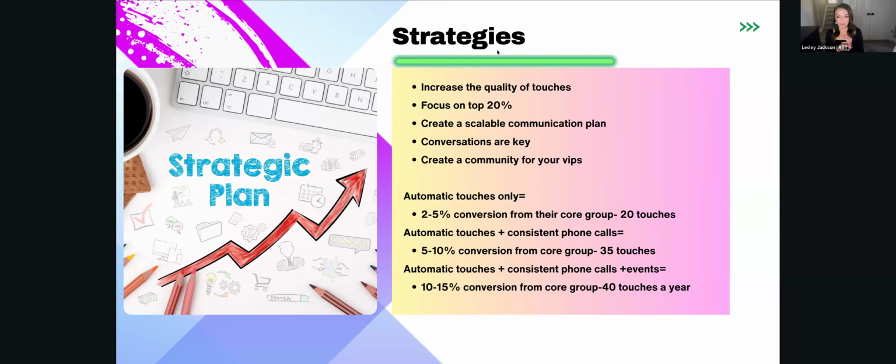No phone calls, nothing really else there, you should get a 2 to 5% conversion. When you have automatic touches and consistent phone calls, you should get about 5 to 10% conversion from your core group with 35 touches. So 35 touches, you see how that increases that?